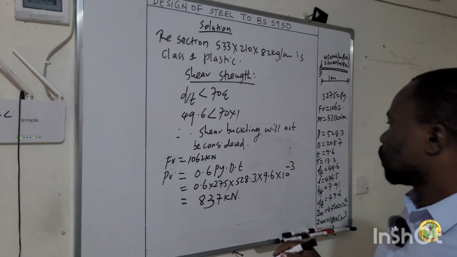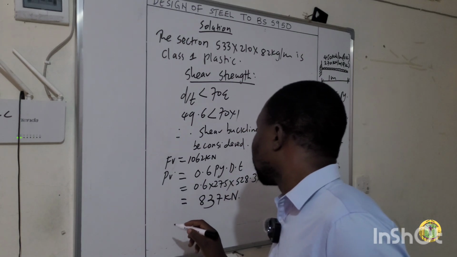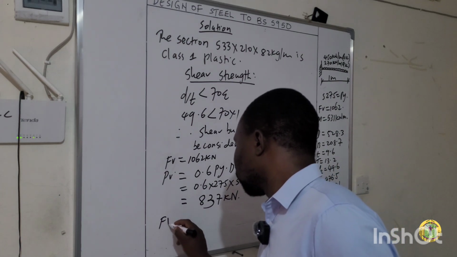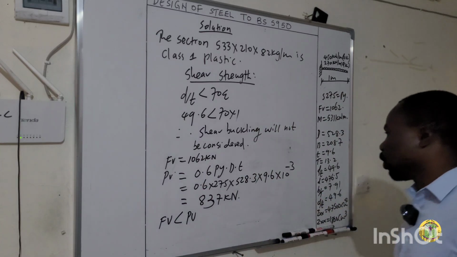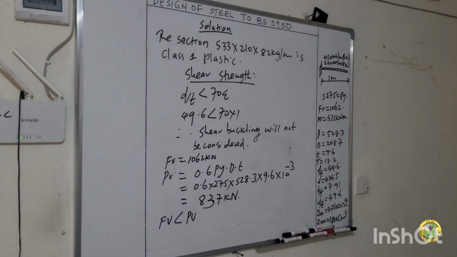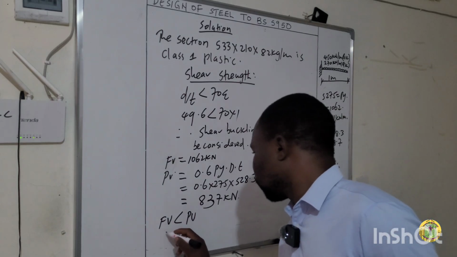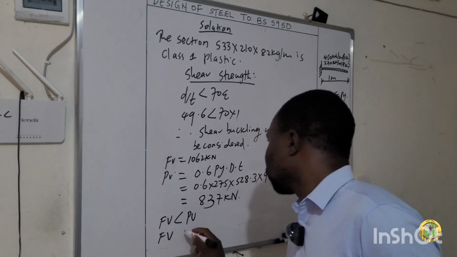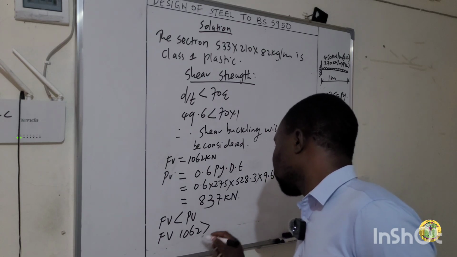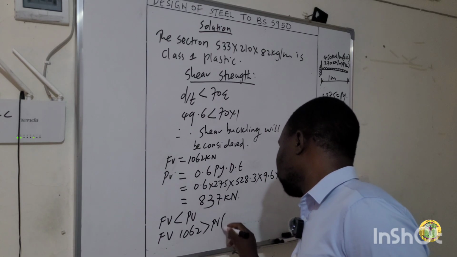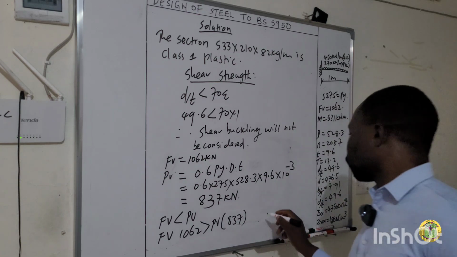Remember, the code says that the FV must be less than PV for the section to be okay in shear. But for this case, you can see that FV, which is 1062, is greater than PV, which is 837. Therefore, you will say not okay.